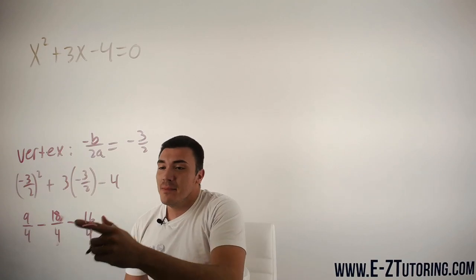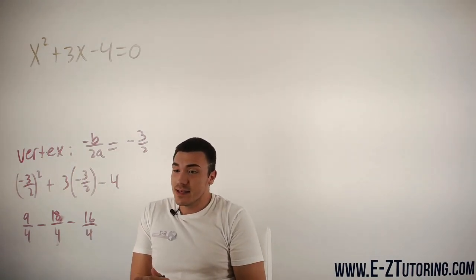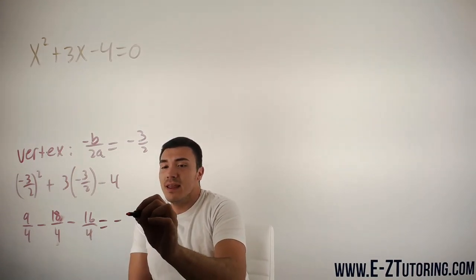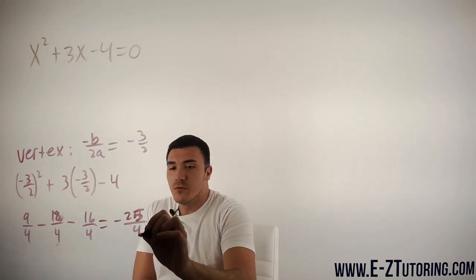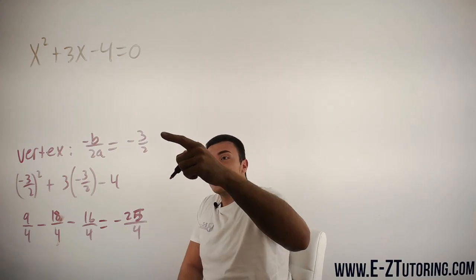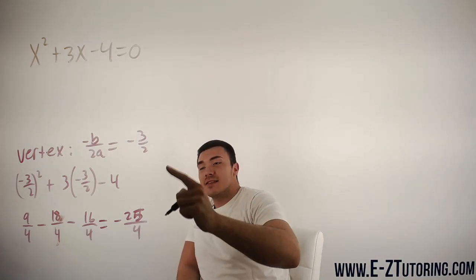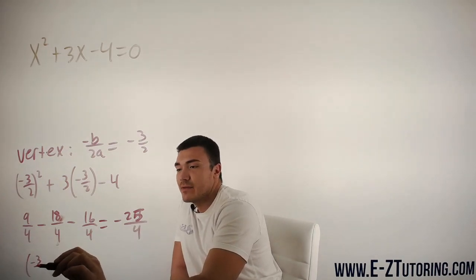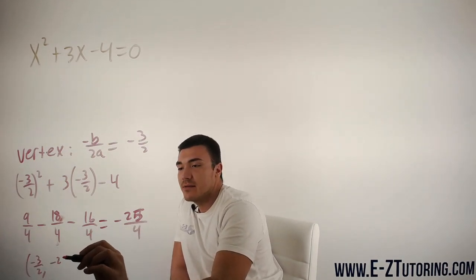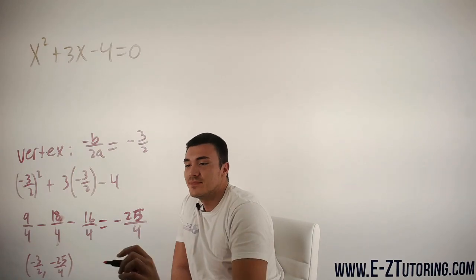So we do 9 minus 18 minus 16, which gives us negative 25 over 4. So this is our x-coordinate of the vertex. This is our y-coordinate of the vertex. So we have it at negative 3 halves, comma, negative 25 over 4.